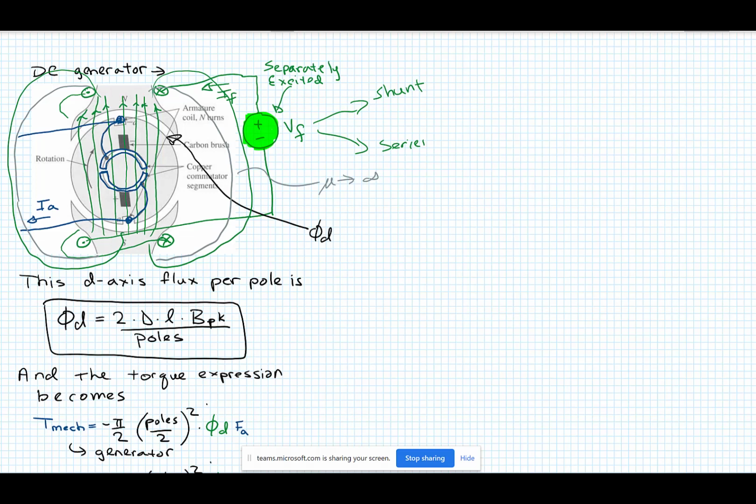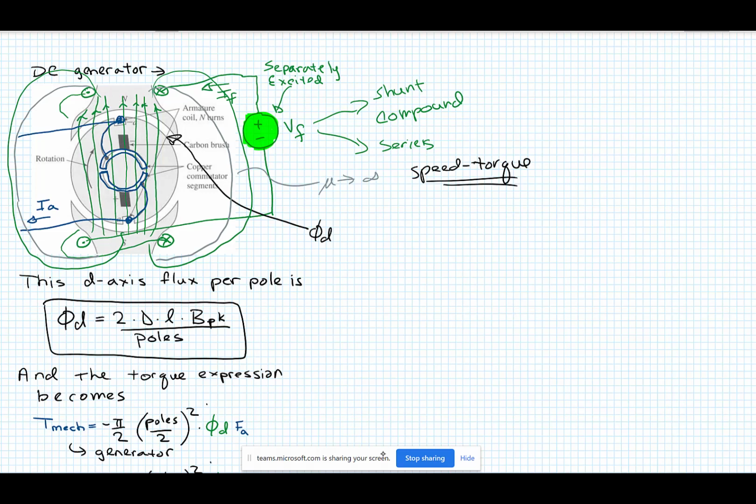Or you could have a compound winding, which is a combination of both of these approaches, and you get different, what we call, speed torque characteristics if you're a motor. And we're really going to cover the speed torque stuff with the induction motor, so I'm not going to go into that because of time right now.